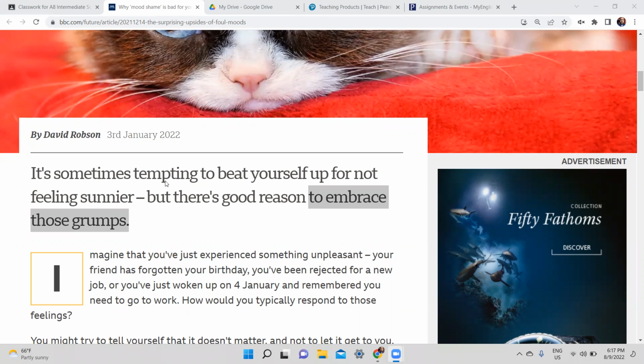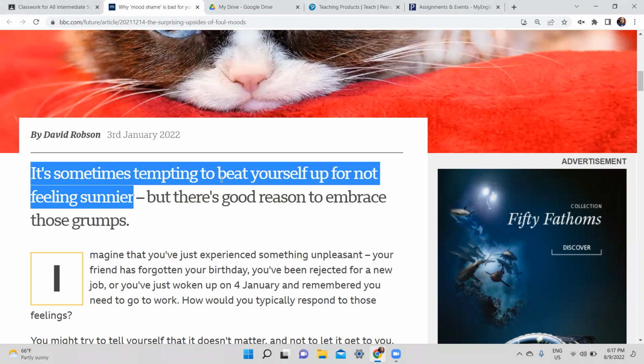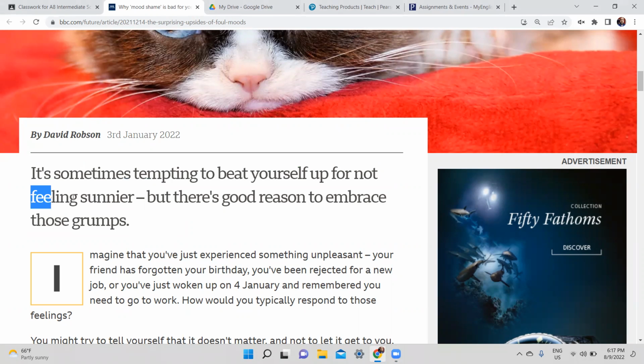To finish this one, Evelyn, very shortly. What do you think they mean when they say it's sometimes tempting to beat yourself up for not feeling sunnier? This is the opposite of these grumps. What do you say?